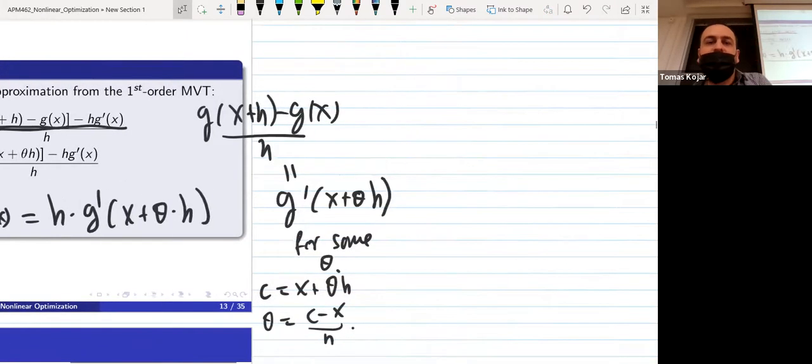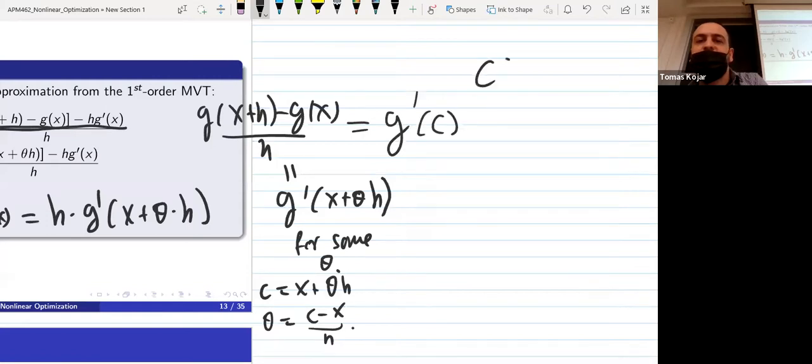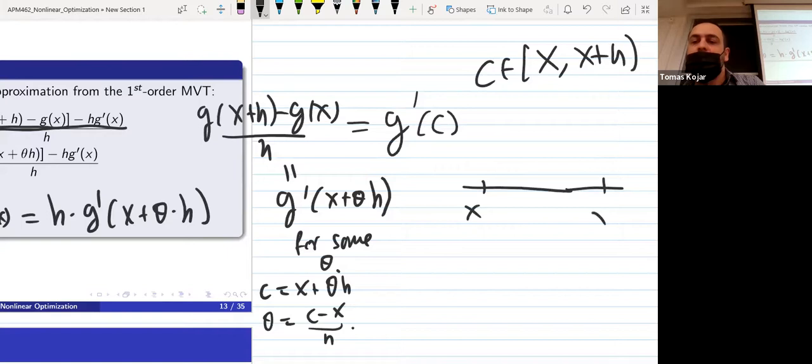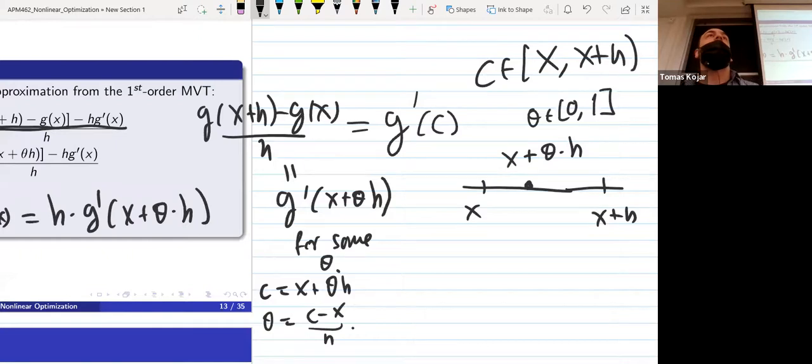We know that this guy is equal to g prime of c for some c in the interval from x to x plus h, right? But then what is this interval? An arbitrary value in between would be of the form x plus theta h, where theta goes from 0 to 1.